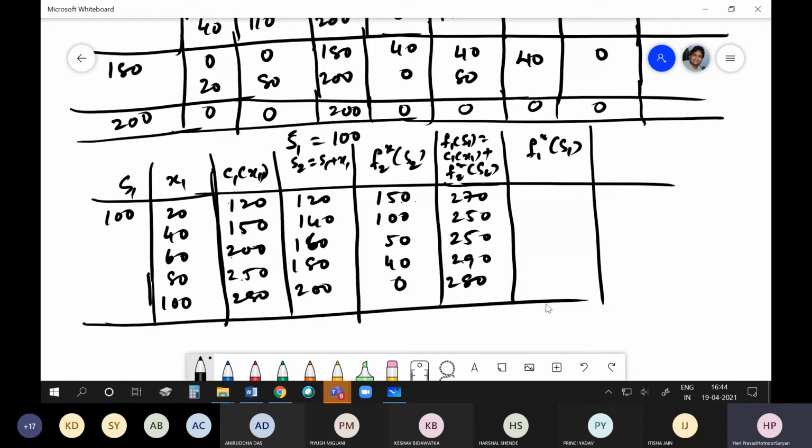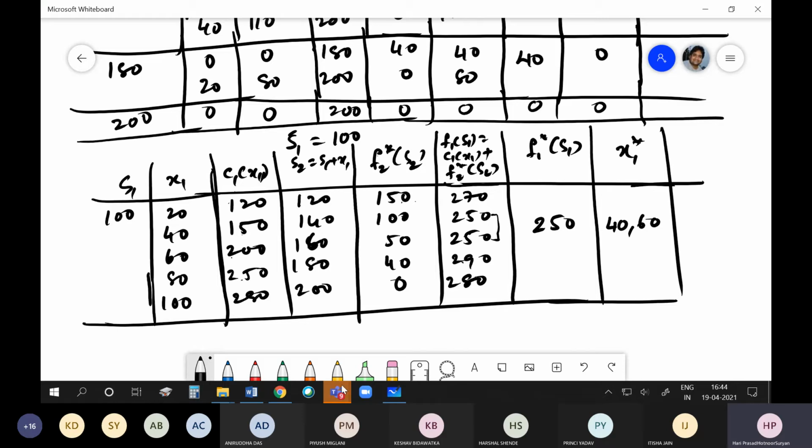So f1 star of s1 is what? 250. There are two values of 250. Yeah, sorry. f1 star of S1 is 250, and what is X1 star? 40 and 60.